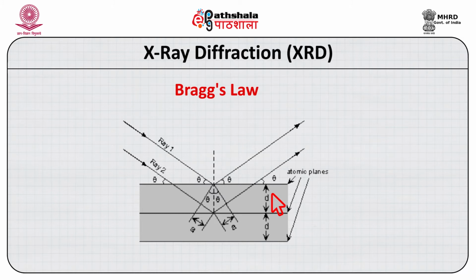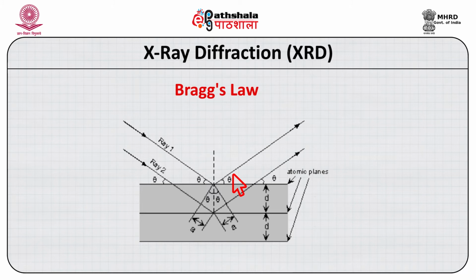Now, ray 1 is diffracted by a particular angle and it moves here, and ray 2 is similarly diffracted. Now, for a constructive interference, the relation geometrically needs to be satisfied where n lambda, where n is an integer, is equal to the distance, that is A. So, therefore, A becomes equal to d sin theta, or 2A becomes equal to 2d sin theta, and therefore, we arrive at the relationship, that is n lambda is equal to 2d sin theta, which is known as Bragg's law.